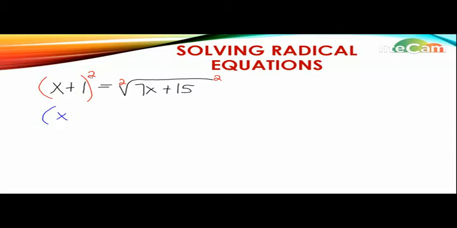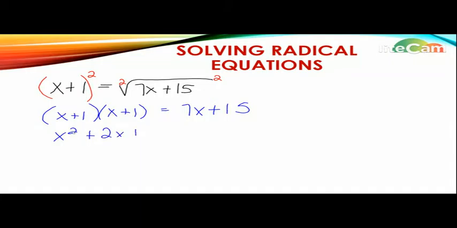In other words, I'm going to have to FOIL it, okay? Remember that you have to FOIL. Watch out for your numbers. You might forget something. So write it all out. x plus 1 times x plus 1. And then this other side here ends up being 7x plus 15 because the radical is gone.